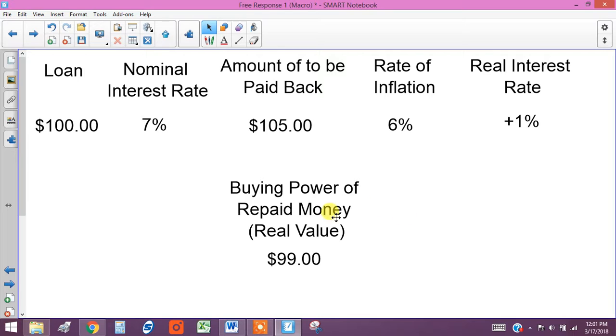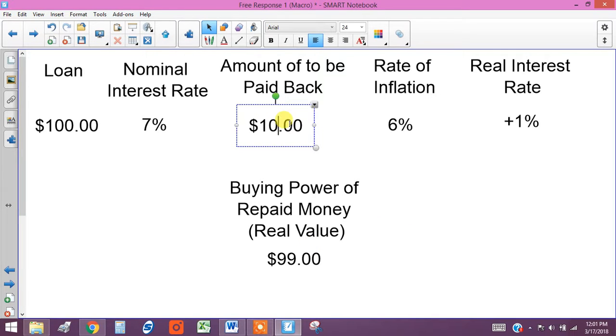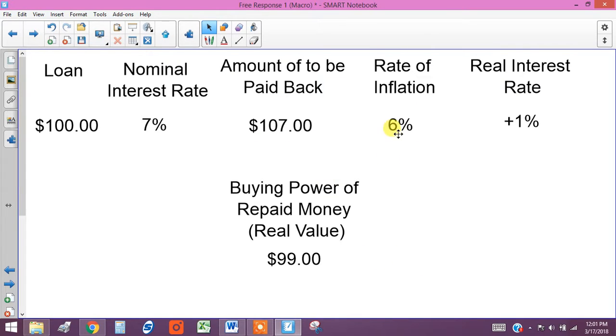So now the real value that they get paid back is going to be 107, right? But the real value with a 6% interest is going to be 101, right? So even with the rate of inflation high, if they raise the nominal rate above it, they're still going to get a real return of a bit more than they actually loaned out.